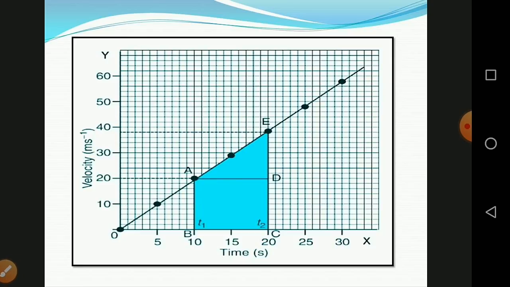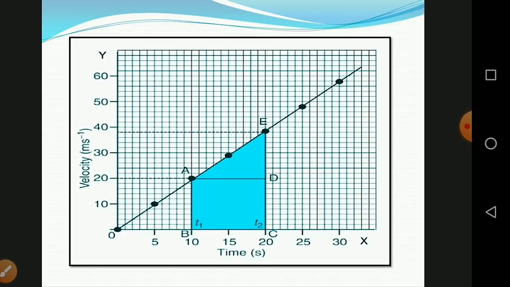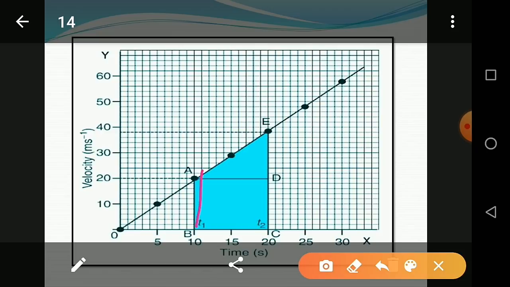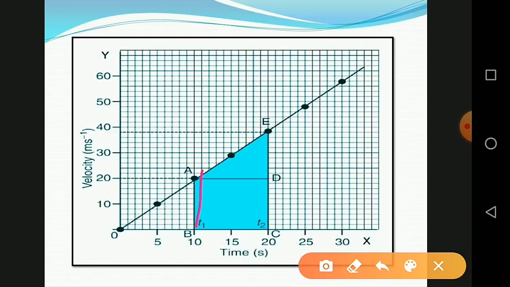This is the trapezium ABCDE. The area of a trapezium is equal to half into the sum of the lengths of the parallel sides into the distance between the parallel sides. So half into (AB plus CE) into BC.